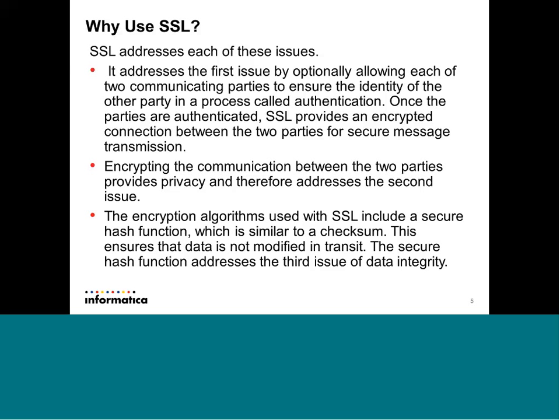So we would know whether the data is modified or not based on SSL's secure hash function. This way SSL addresses all the issues, or the vulnerabilities, that a network channel has when it is not SSL enabled.